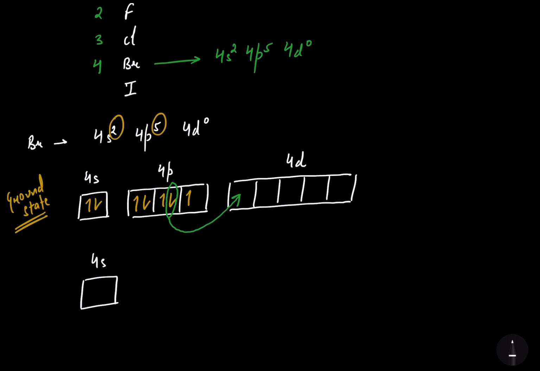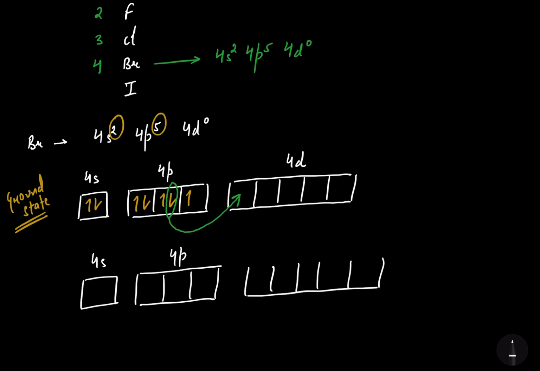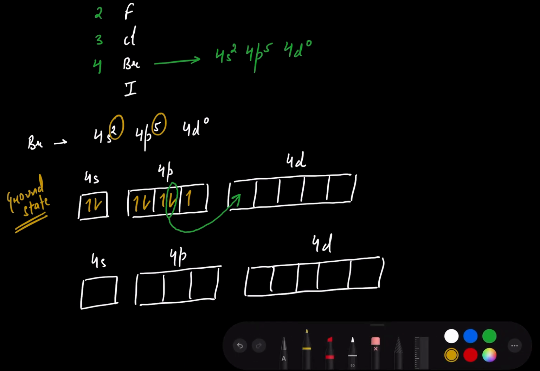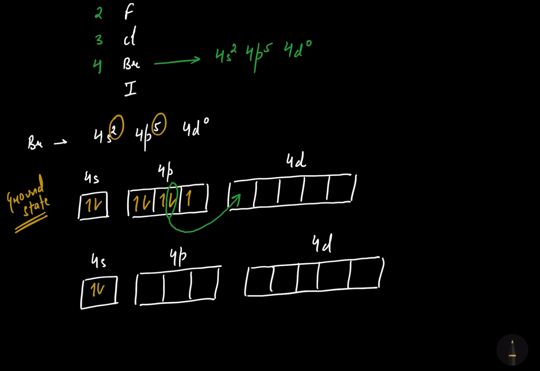That's our 4s. These are the 3 degenerate orbitals of 4p, and these are the 5 degenerate orbitals of 4d. Now the 4s has 2 electrons. The 4p now has a total of 4 electrons, as one electron from the 4p orbital has been excited to the 4d orbital.